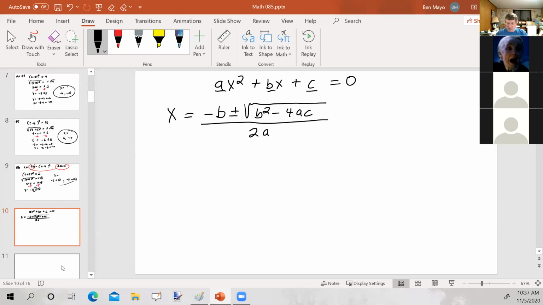It looks pretty horrendous, but it's a very handy tool to use, and we'll be using that today. So that is known as the quadratic formula, and you should work on having that memorized, okay? All right, now, we're going to go about using that to solve some equations. So I'll keep referring back to it.